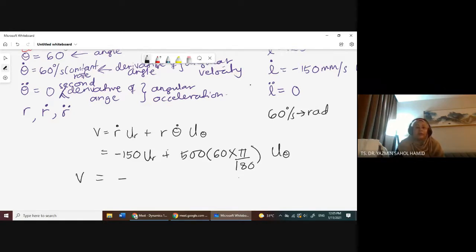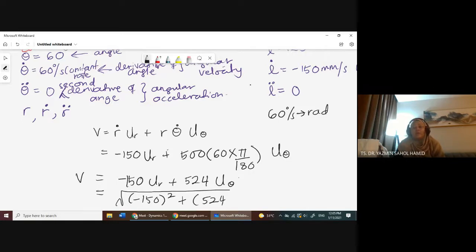It's easy. Okay, let me just simplify this first. 500 times 60 times pi divided by 180 is how much? Do you get the same? 524. So if you want to find the velocity, it's easy. Negative 150 squared plus 524 squared.